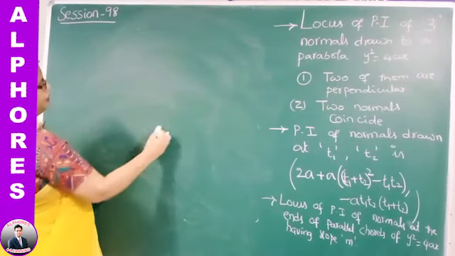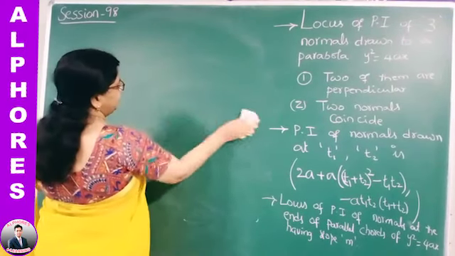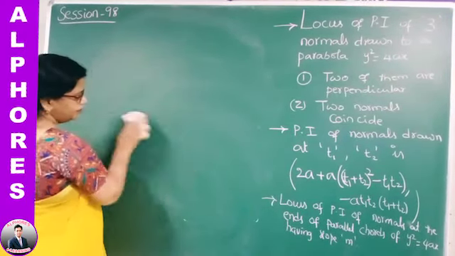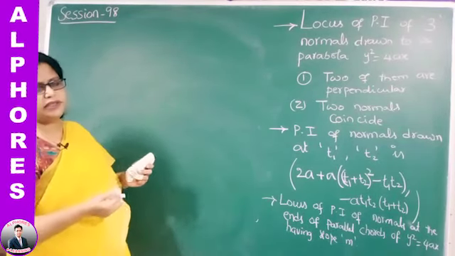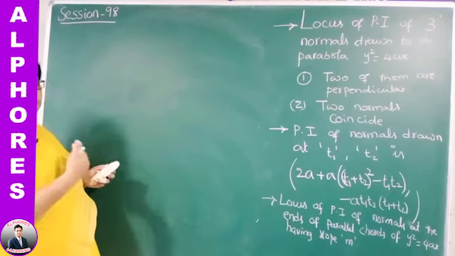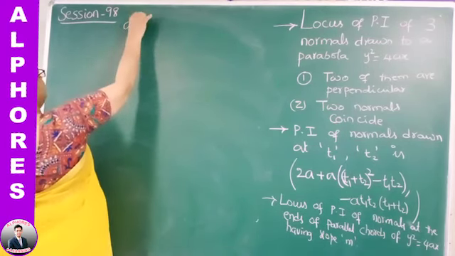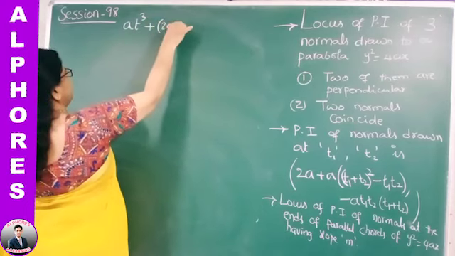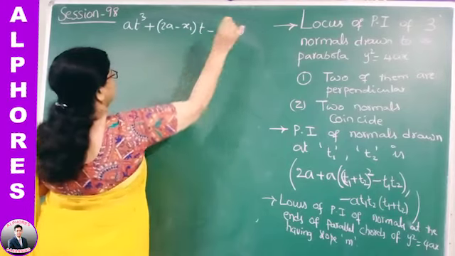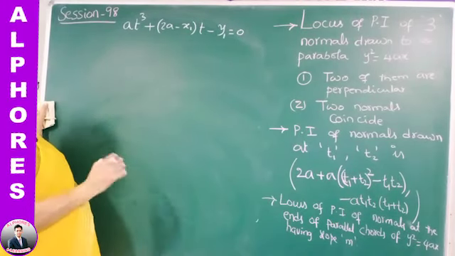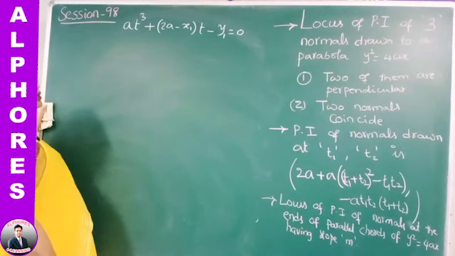In the same way as our previous problem, we write the equation of the normal, which is a cubic equation, and P of x1 y1 is any point on the locus, therefore the point must satisfy the equation. Then what do we get? a t cube plus 2a minus x1 into t, and this minus y1 is equal to 0. In this way we can obtain the equation, where x1 y1 is any point on the locus.